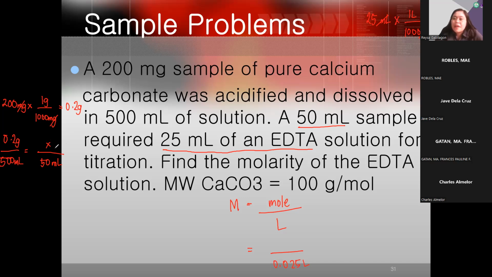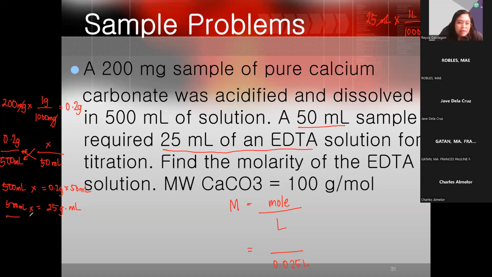That is the reason why I am doing a cross multiplication, ratio and proportion. So cross tayo, 500 ml X is equal to 0.2 grams times 50 ml. So 500 ml X is equal to 0.2 times 50 is 25 grams times ml. Sorry. Let me erase this first.